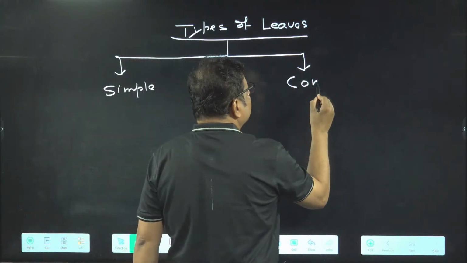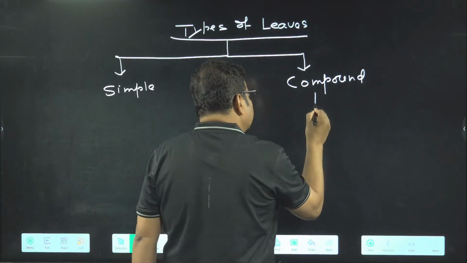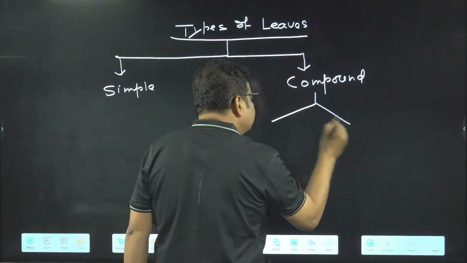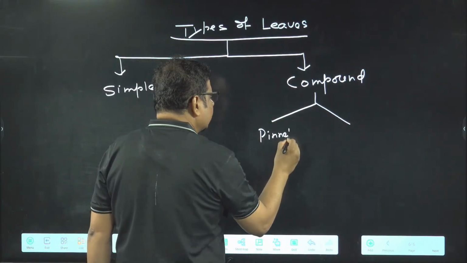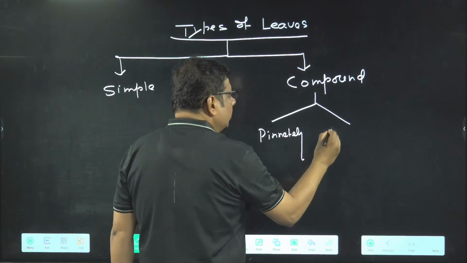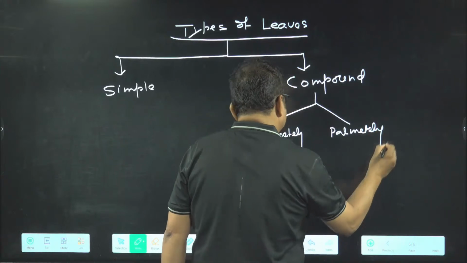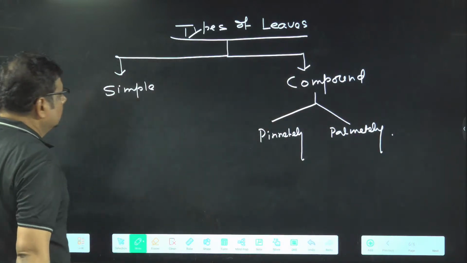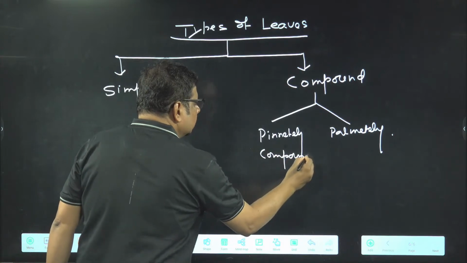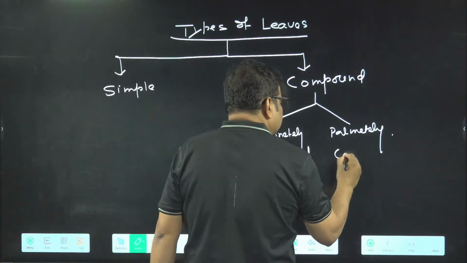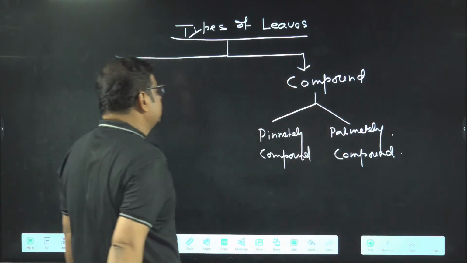Compound leaf. And NCERT wrote this compound leaf is further of how many types? Two types. Pinnately compound and palmately compound. Getting the idea? So these are the only classification given about the type of leaf in your textbook.